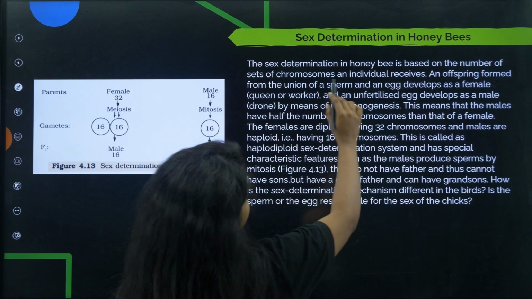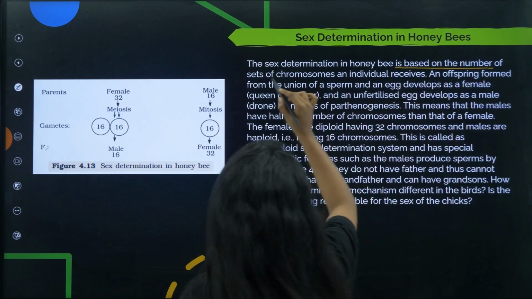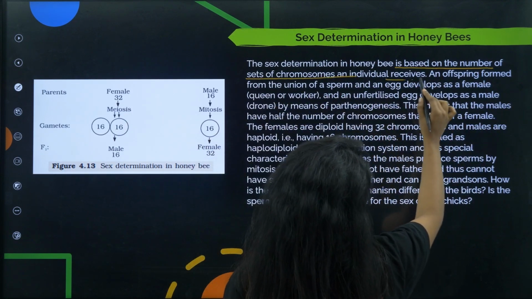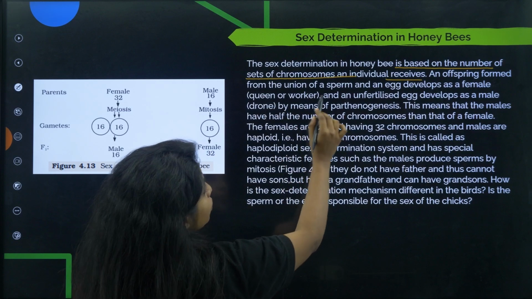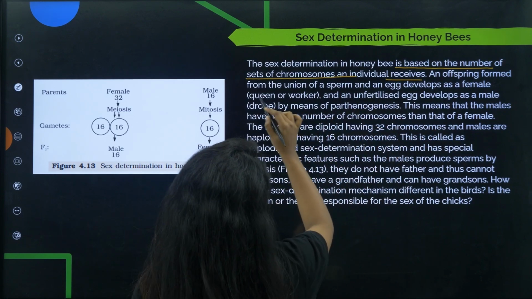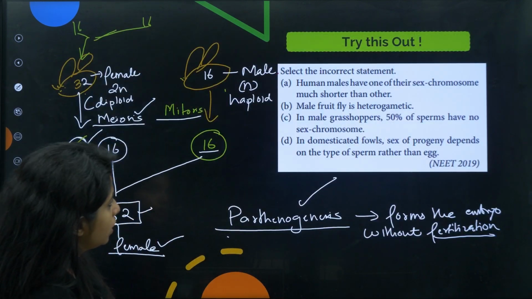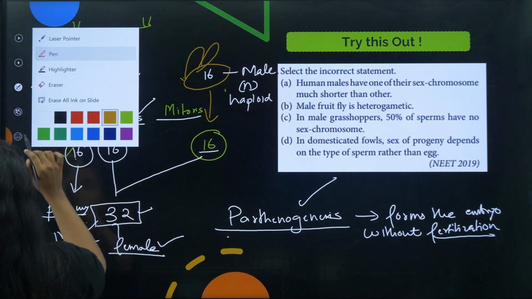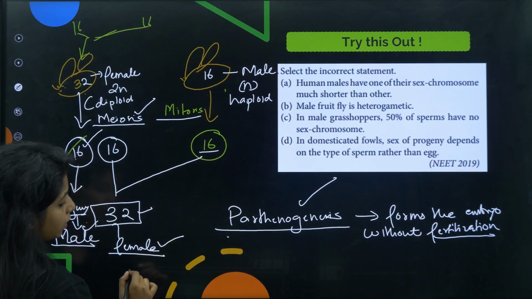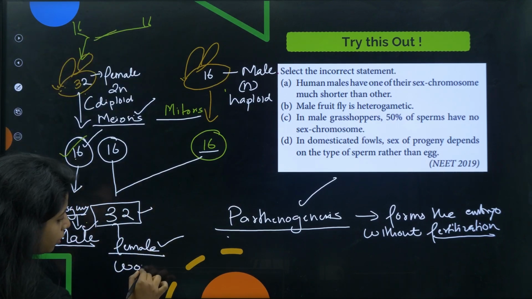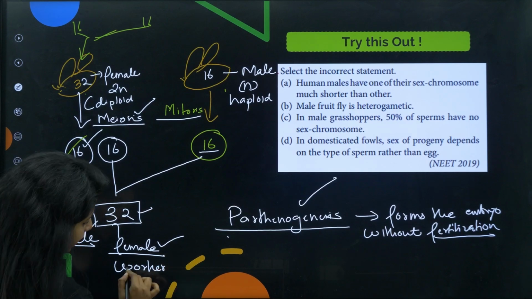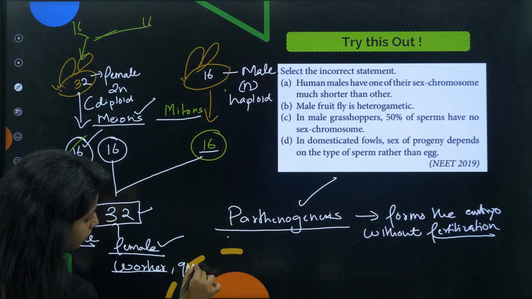So the sex determination in honeybee is based on the number of sets of chromosomes an individual receives. An offspring formed from the union of a sperm and an egg develops as a female. Oh, I didn't say one more thing. Over here, this female that is being produced can be either a worker bee or a queen bee.